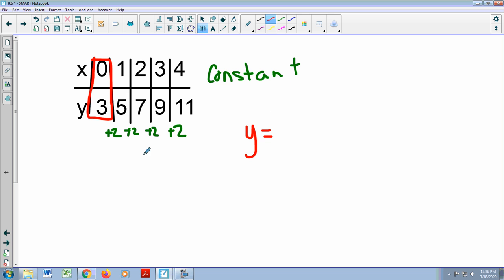So I have y equals, and I know my b value is 3. It's my initial value, or my y-intercept. And my m is 2. So I'm going up by 2 each time. So I know this equation: y equals 2x plus 3.